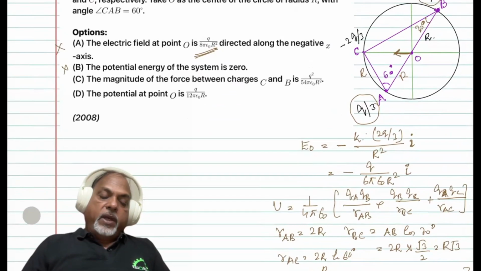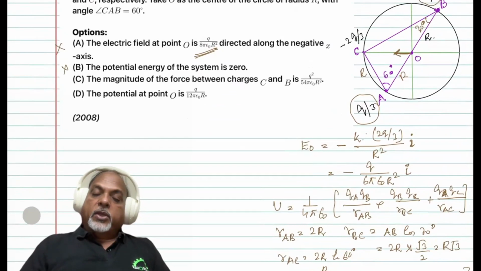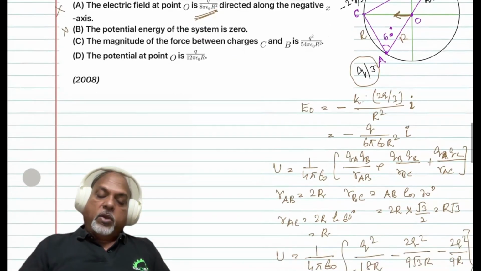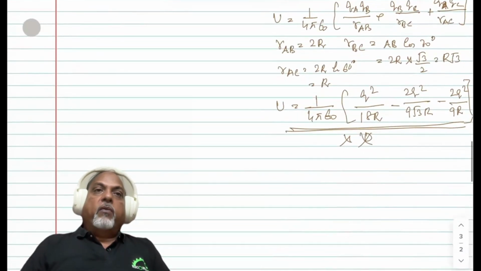Magnitude of the force between charges C and B, that we can find out.